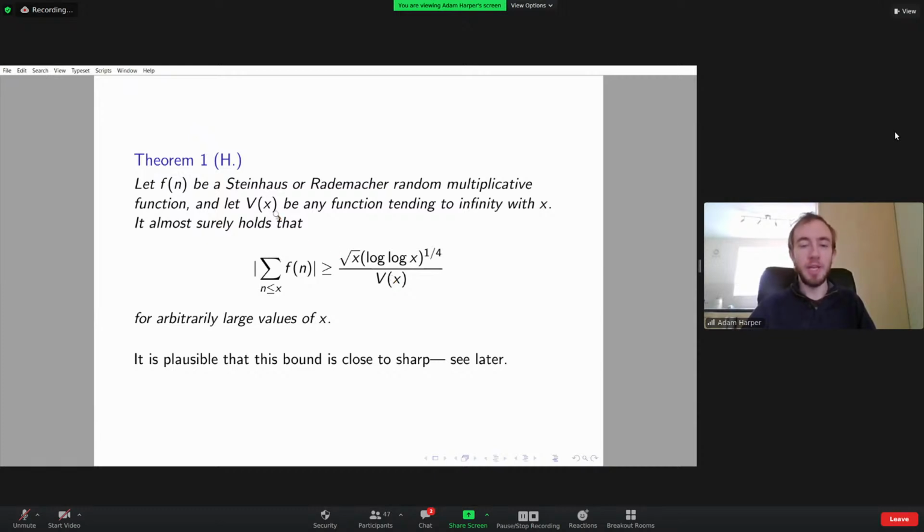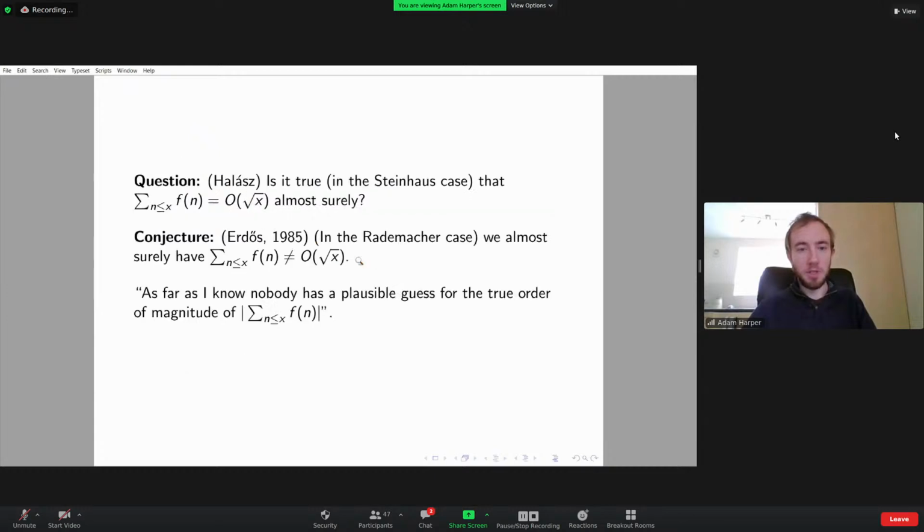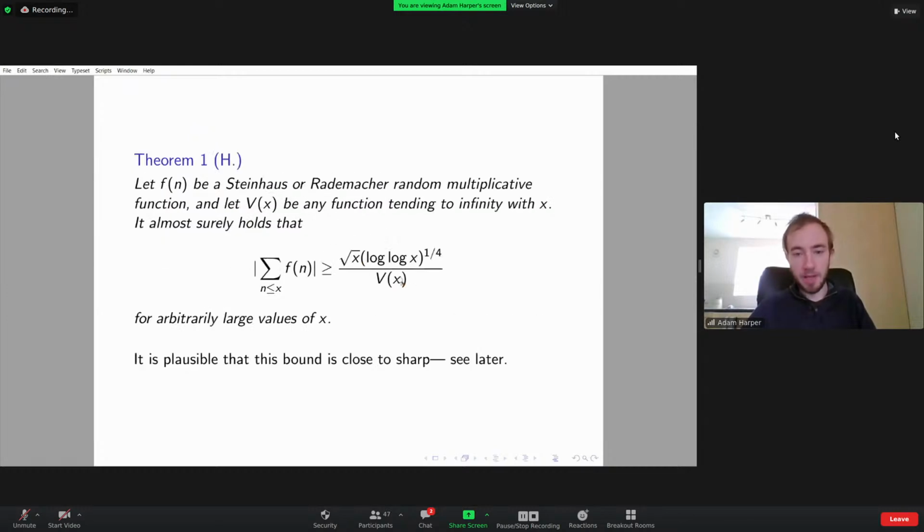So in particular, you could take v of x to be something like log x to the power 1/100, and then the right-hand side would be root x times a positive power of log x, something that grows appreciably faster than root x. So this shows that the sums are not big O of root x almost surely; they get bigger than that.